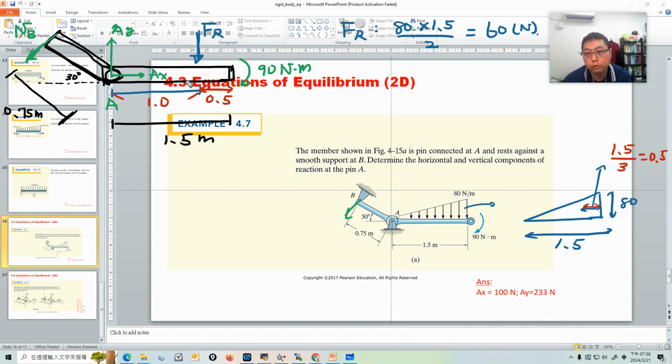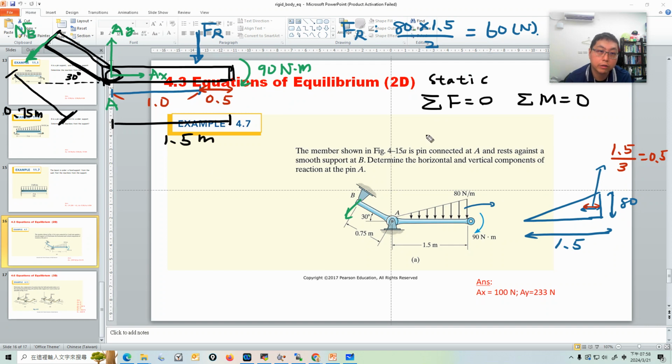For solving the reaction forces and reaction moment, everything is static. Sigma F, the resultant force, is 0, and the total moment is equal to 0.